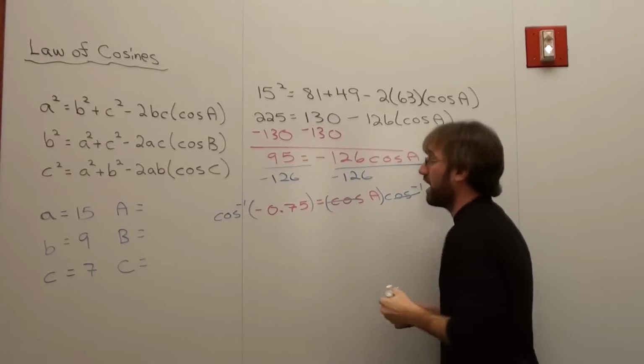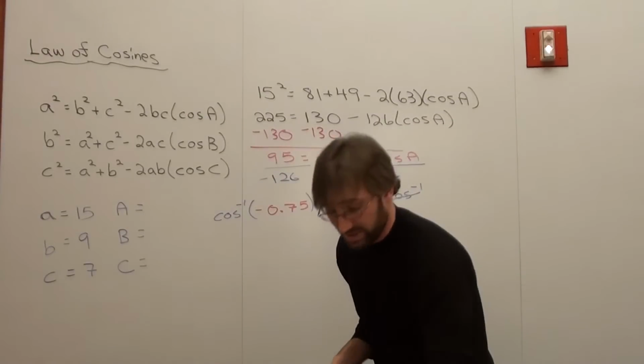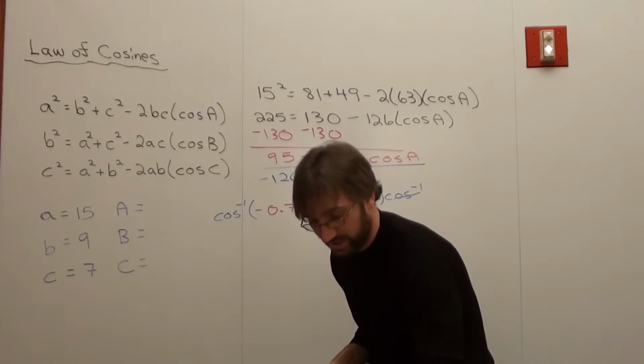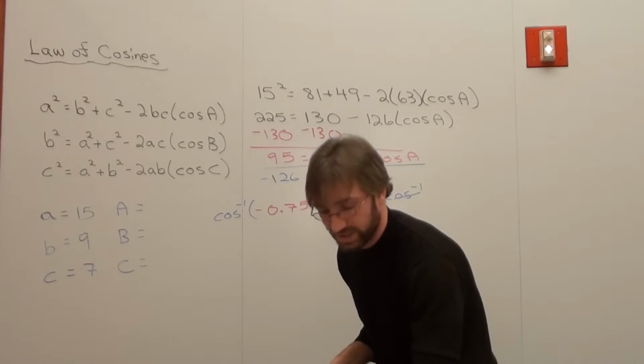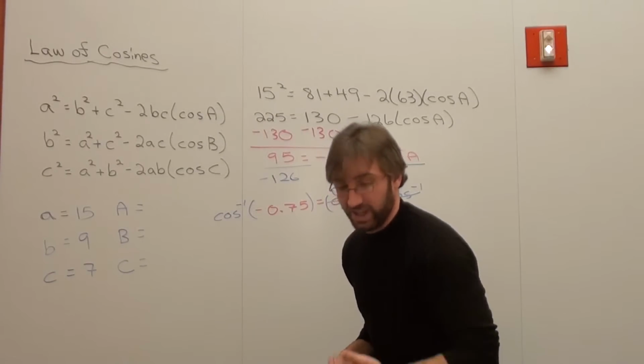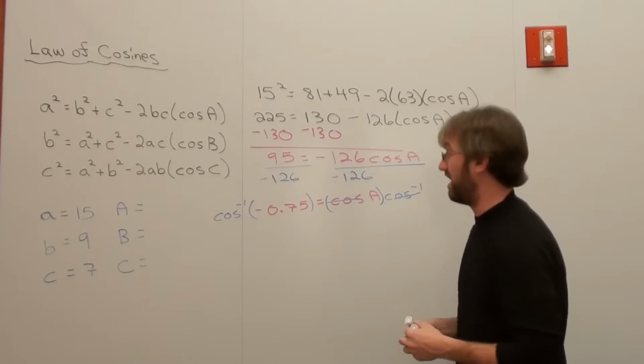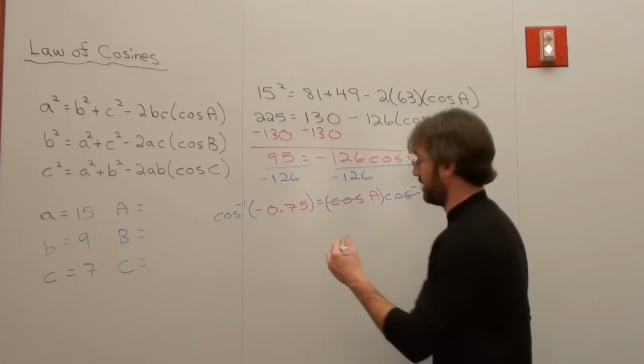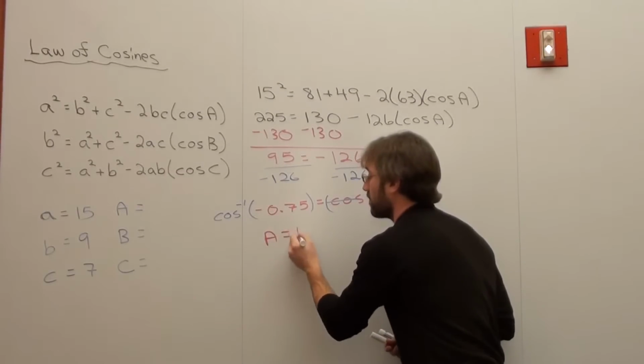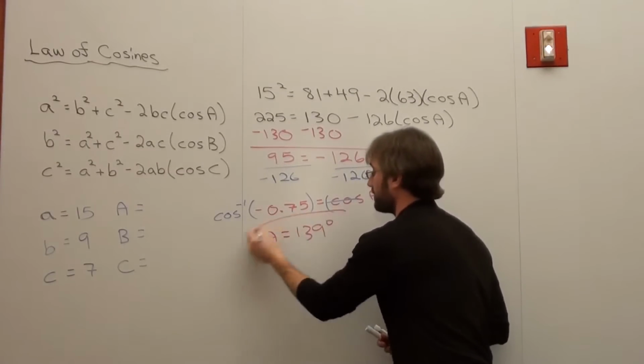Those cancel, and I'm left with the inverse cosine of negative 0.75. I can't do that off the top of my head, it is 138.5. So I'm going to say that's about 139 degrees. So A equals 139 degrees.